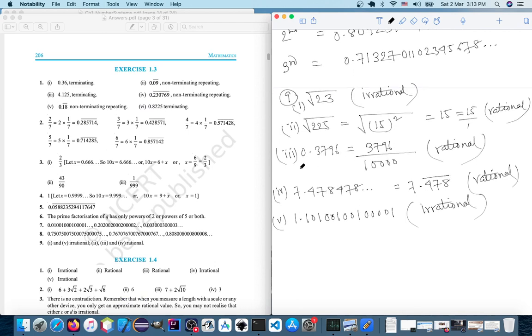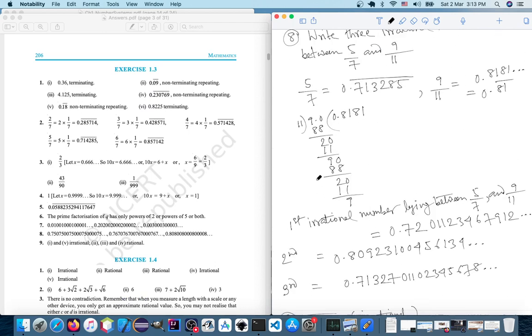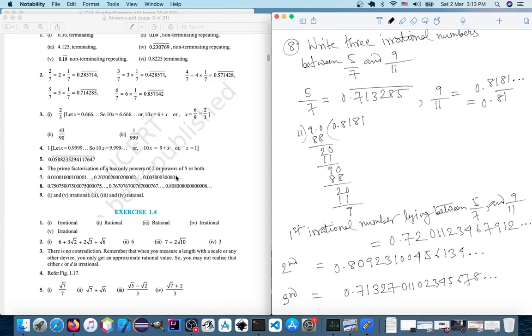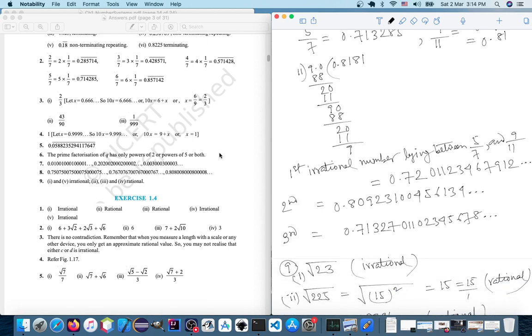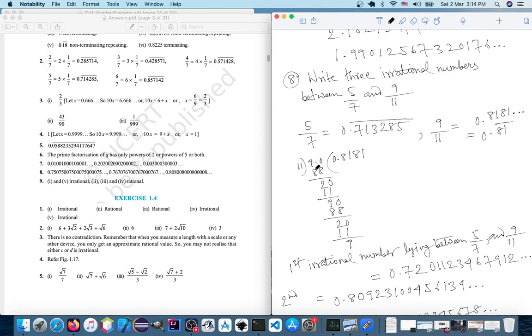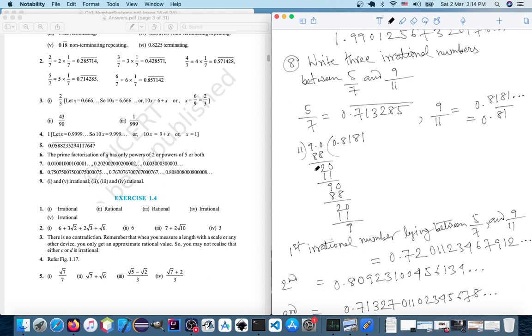Okay, fine. 8, it gave some example. 3 irrational numbers between 5 by 7 and 9 by 11, and so it has 0.808008. Mine was something like that, and 0.7507 75, yeah, that could also be another one.